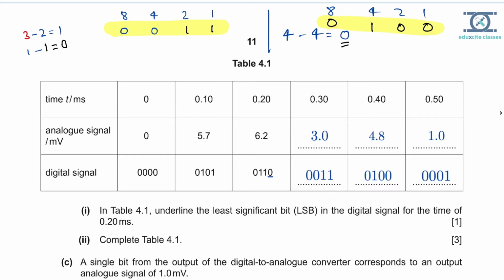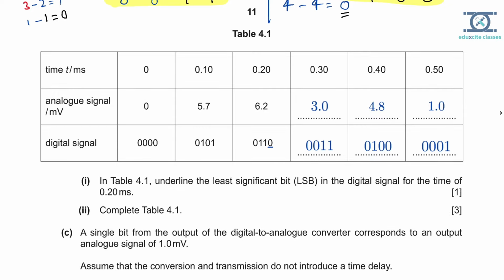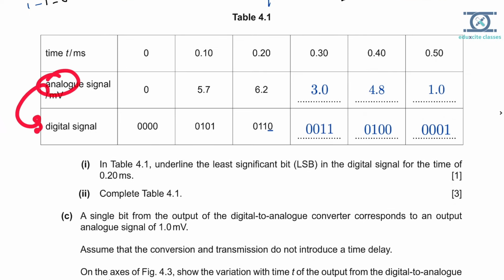Always remember, we will take 4 only, the number just before the decimal. We will not round it off in the case of an analog signal. Please remember this. And the last one, 1 minus 1, so only 1 here, the rest will all be 0. So this is how you are supposed to convert your analog signal into a digital signal.